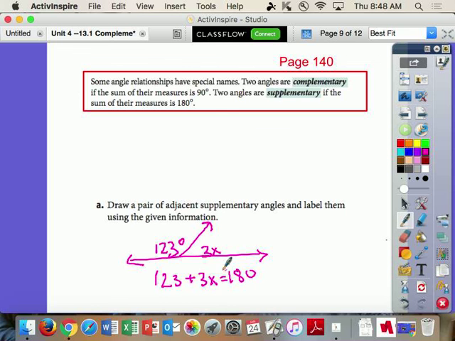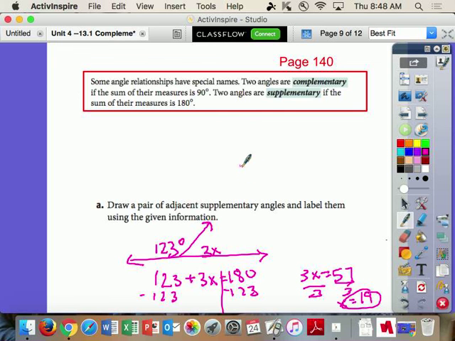All right, and then solve that. So we are going to subtract 123. So we have 3x equals 57, divided by 3. And that's going to equal 19.